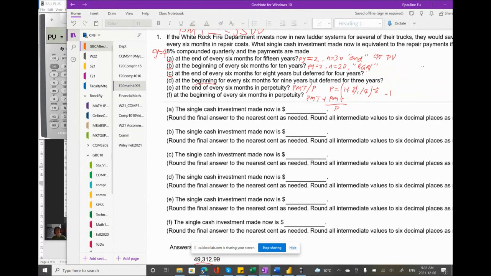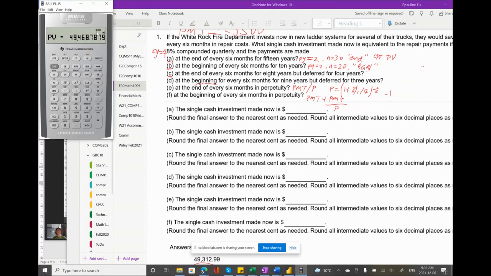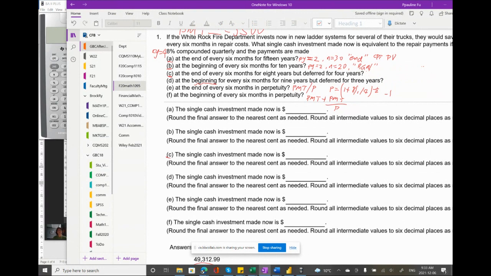First, question C is at the end mode, so we need to change the calculator to end. Right now it is begin. I need to change to end. Second begin, second quit, or second set, then second quit. Now it is end mode. This is question C.